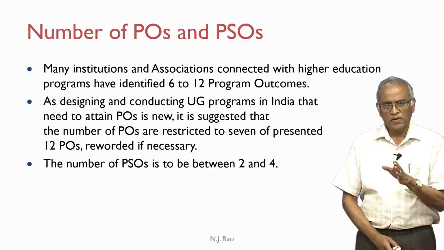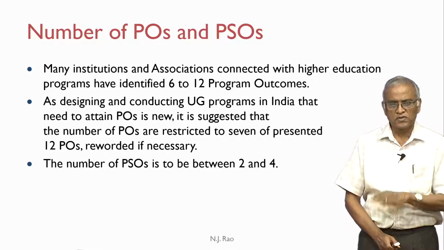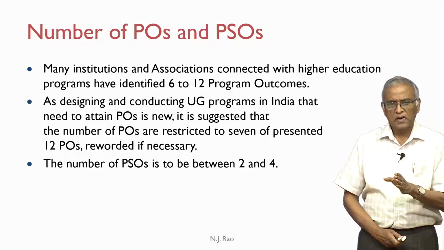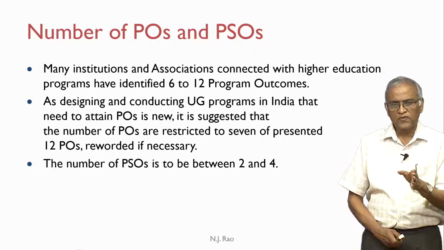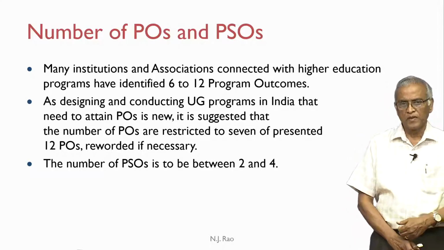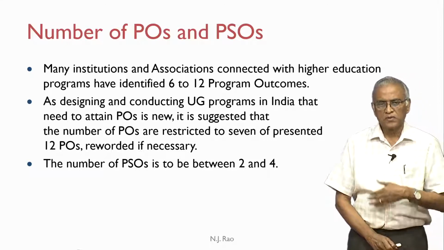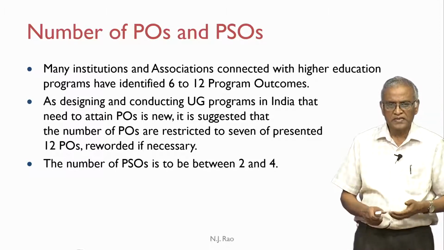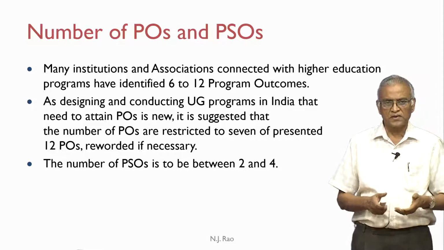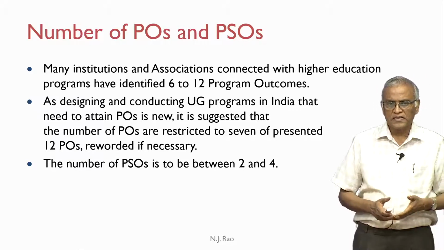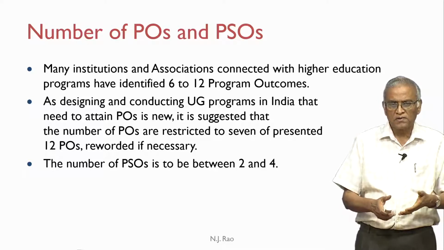The program outcomes addressed by a university or an autonomous institution have been there across the world, but thinking of POs for a UG program is something that is very new in India. That is the reason why both the institute and the faculty will have to get adjusted to identifying the characteristics of good graduates and then decide what exactly they want to implement.